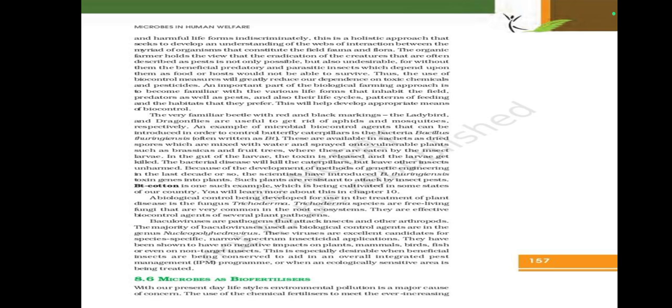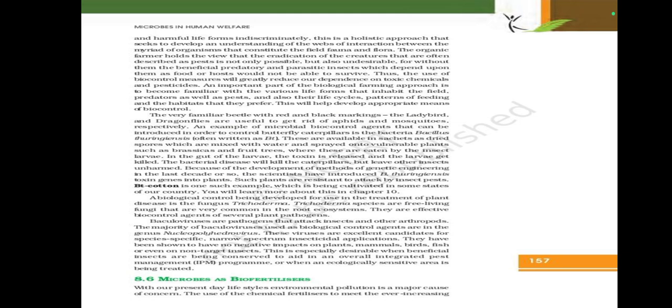For without them, the beneficial predatory and parasitic insects which depend upon them as food and hosts would not be able to survive. Thus, the use of biocontrol measures will greatly reduce our dependence on toxic chemicals and pesticides.